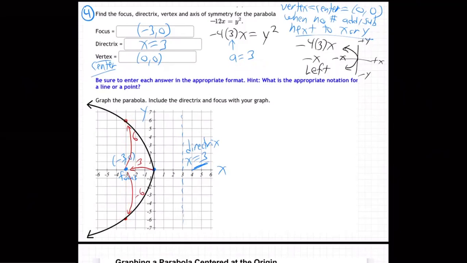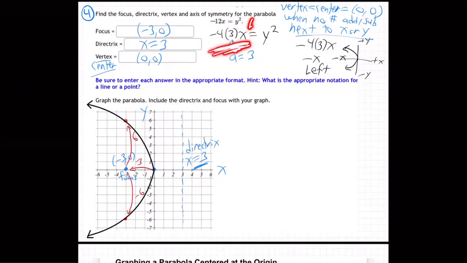Let me show you how to do that on the actual tool. Well, actually, let me recap again real quick first. First step, factor out a 4 or negative 4, in my case negative 4. And then the number next to the 4 or negative 4 will be A. That's very important. Then find the direction. The first power letter tells you the direction.